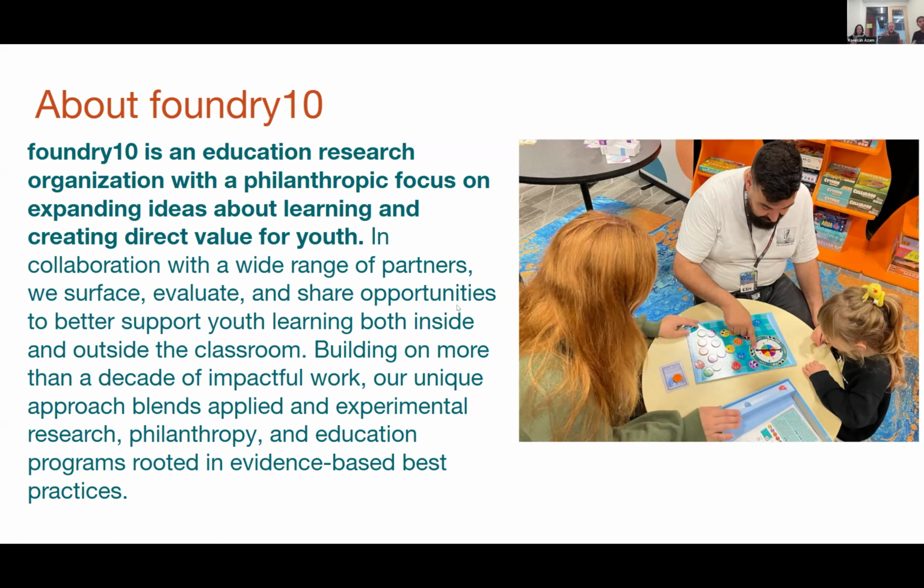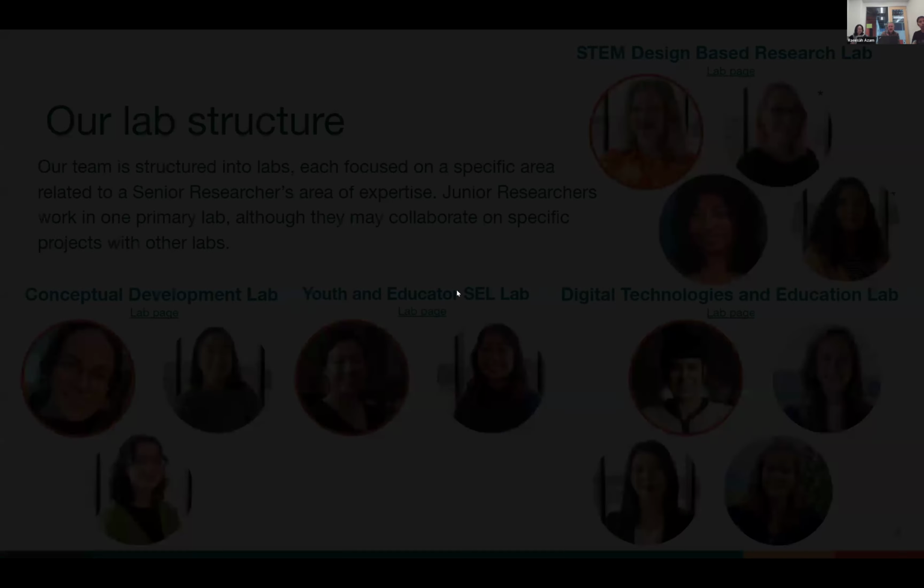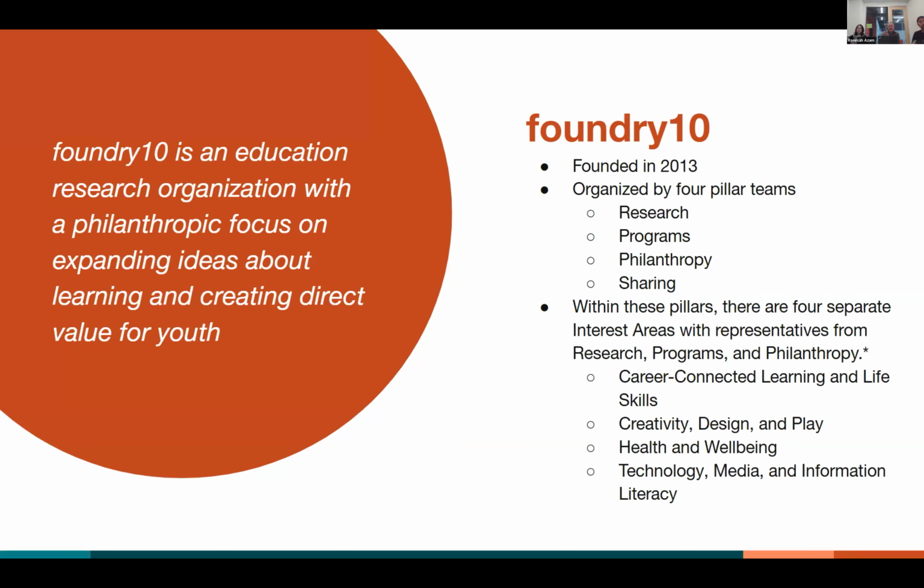We're founded in 2013, and it helps to understand how we're organized a little bit. We're a matrixed organization. So we have 4 pillar teams, we call them. Research is just one of them. All of us work on the research pillar because that's what we do. We also have programs.